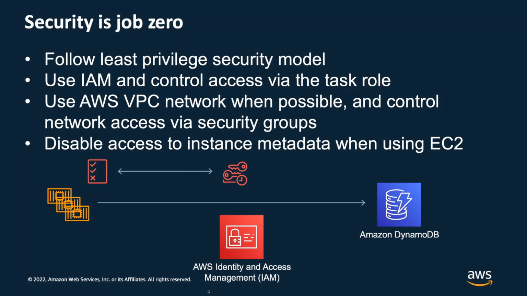But when you're operating on EC2, there are other networking options available like host, bridge, etc. But if you can, use AWS VPC networking mode. And when you're using EC2 in the data plane, disable access to the instance metadata service for your tasks running on the host. This will prevent the tasks from accessing, or at least having the ability to access, the IAM role attached to the EC2 instance.